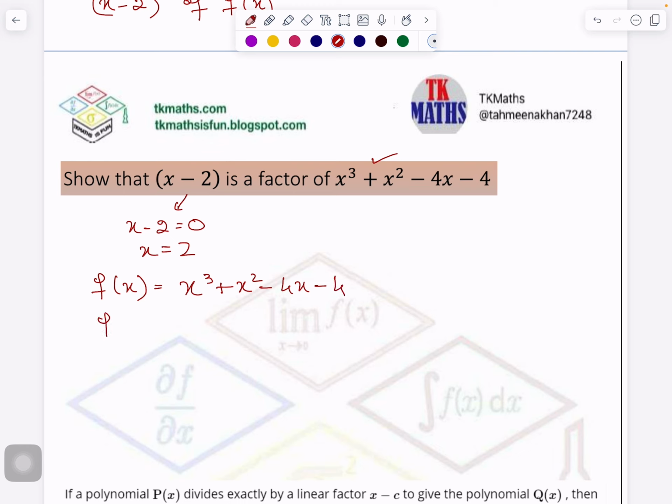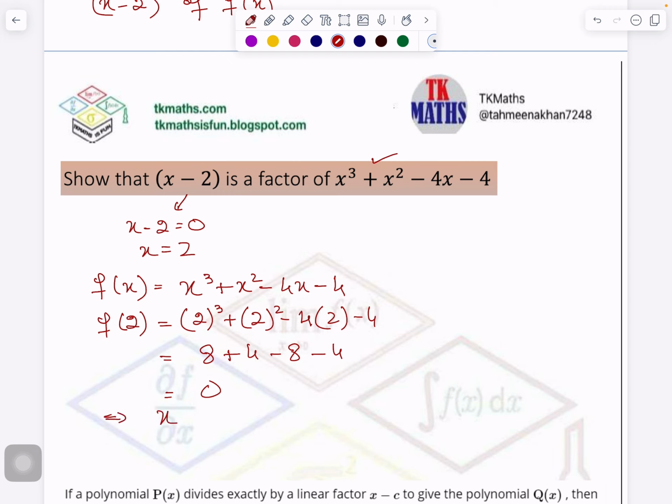So now you will substitute 2 in it and you will see if your answer comes 0 or not, right? So let's check it. 8 plus 4 minus 8 minus 4, I got 0. So because I got 0, what does this imply? This implies x minus 2 is a factor. This is what we had to show, right?